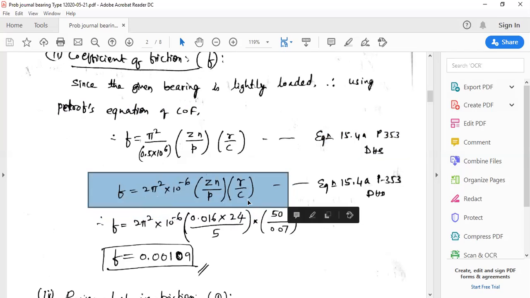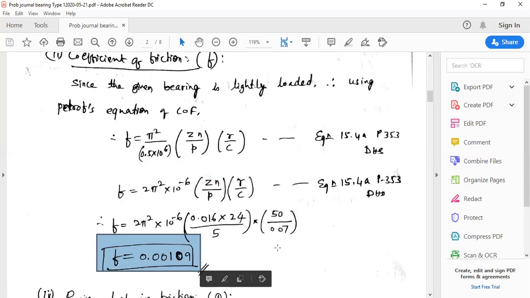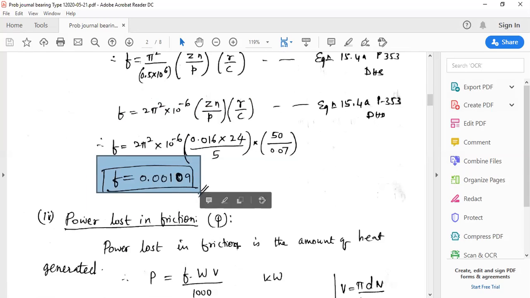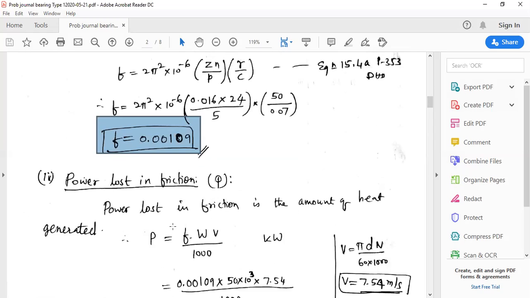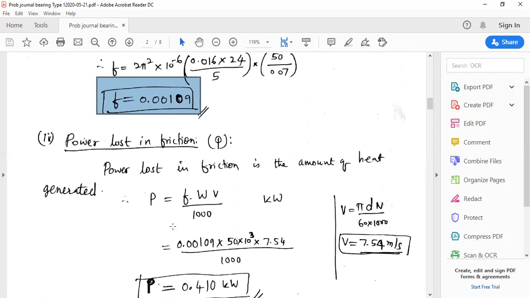The 10 raised to minus 6 converts Newton per mm square into Newton per meter square. After substituting all the values, we get the coefficient of friction as 0.00109, according to Petrov's theory.